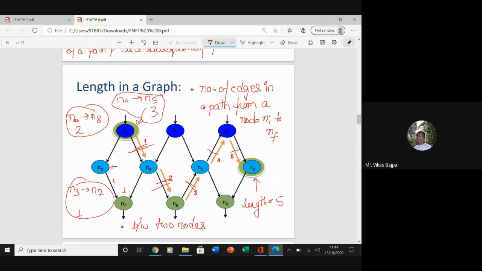Yes, John. If between two nodes there exist two or more paths, how will the length be different? If I find there are more than 2 paths between the 2 nodes, in that case we'll consider the shortest one.